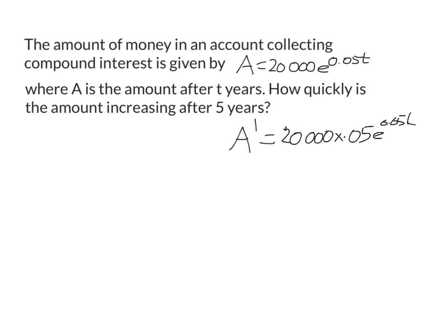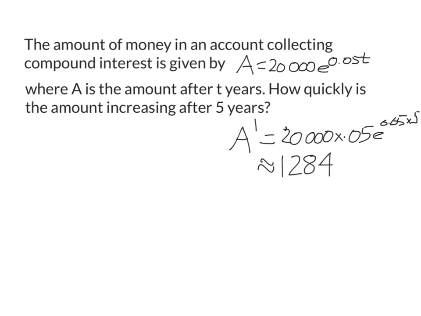So after 5 years, all we need to do to this formula is change t to 5. Putting that straight on our calculator, we get 1,284. That's to the nearest whole number. So it's increasing by about this amount per year. That's the rate at the instant in time where it ticks over 5 years, because remember, it's compounding continually.